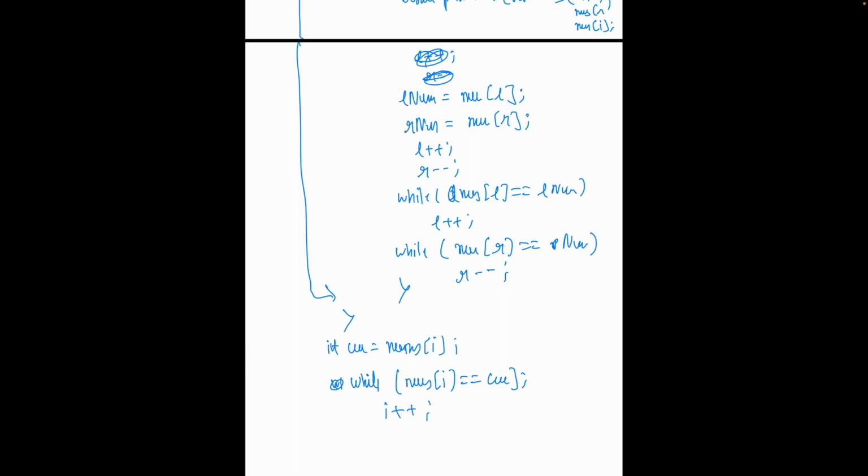Let me think about it. Now I will automatically be incremented above, so I only want to leave I at the last value.